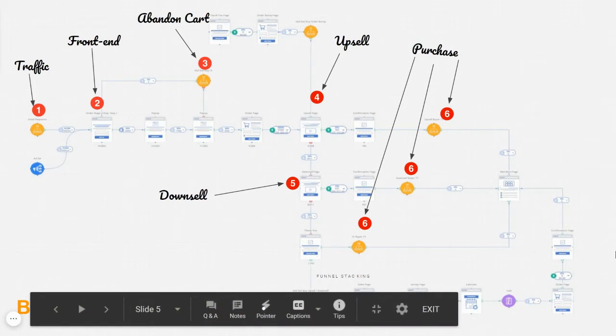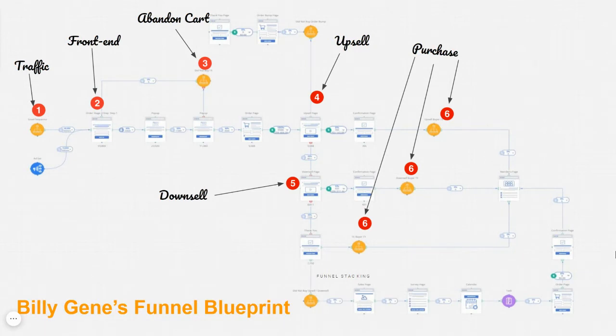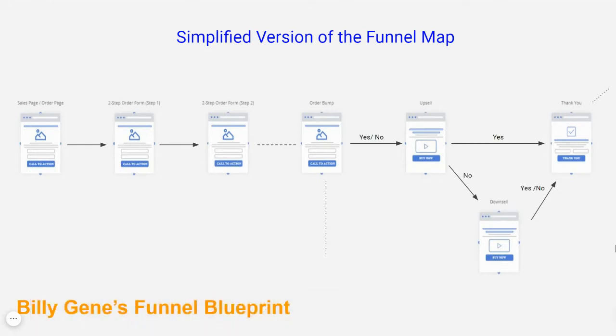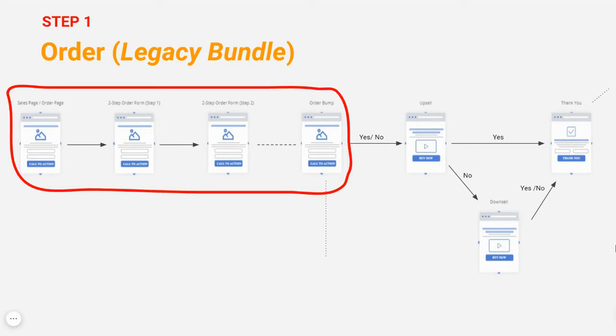Again, this is the Billie Jean's funnel blueprint, and you're looking at its simplified version, which is going to be broken down into 4 steps. We have step 1, which is the order step, and it is named Legacy Bundle.